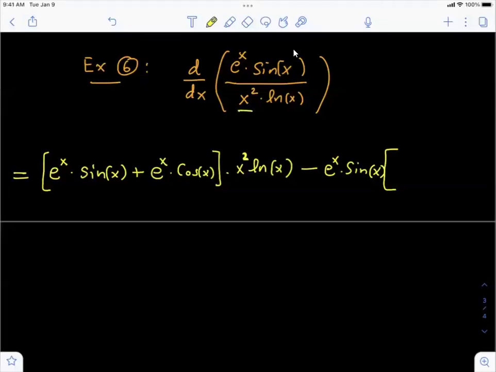First of all, the derivative of the first piece, 2x times ln x, plus x squared, the original first function, times the derivative of the second function. That would be just 1 over x. You can see the simplification of this in the next step. x squared and 1 over x can be simplified in the next step.